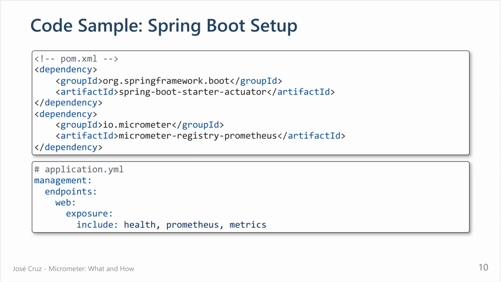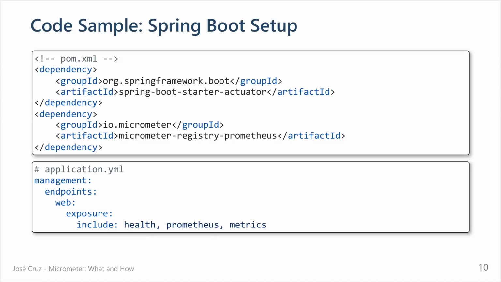So you have the Spring Boot setup. You need to add the actuator and the registry Prometheus. You don't need more than these two. Everything necessary is encapsulated in the Micrometer registry Prometheus, even the actuator regarding Prometheus. And these are the common actuators of Spring Boot. One way to expose the actuators is like this in your application.